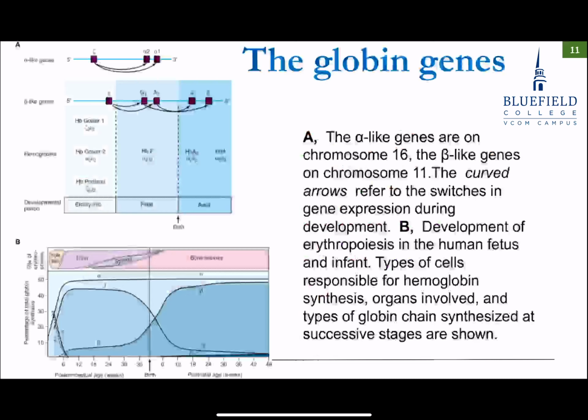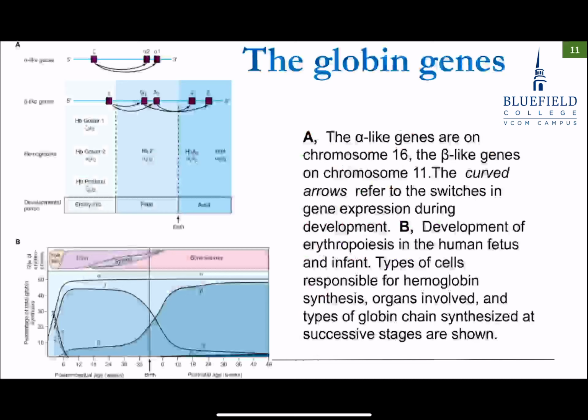So let's start with embryonic hemoglobin. So we have 3 types of them: HB Gower 1, HB Gower 2, and HB Portland. And you see that the expression first comes from the zeta gene. So zeta gene is in the alpha-like complex on chromosome 16.